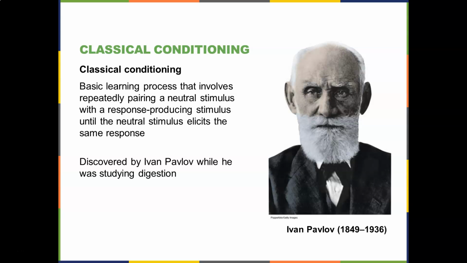That's a long definition that I think I can simplify for you, and the best way to learn this is through example. Before we proceed, I wanted to make you aware that this researcher, Ivan Pavlov, is usually associated with the discovery of classical conditioning.